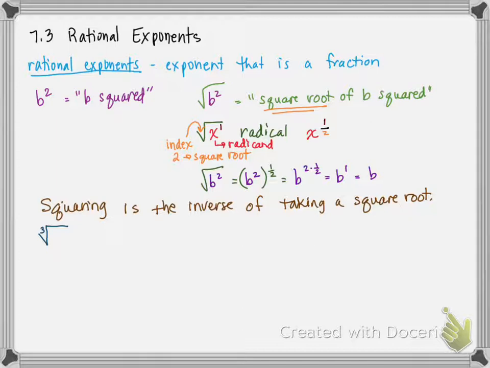So if I say I've got an index of 3, I would read this as the cube root of x. Let me try that again. Okay, cube root of x. Okay. So, how would I write that with a rational exponent?